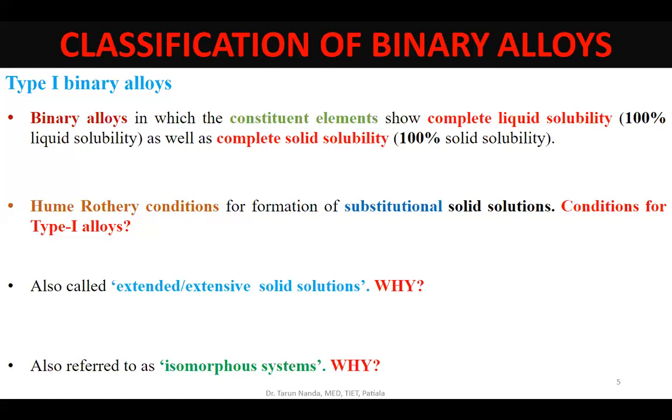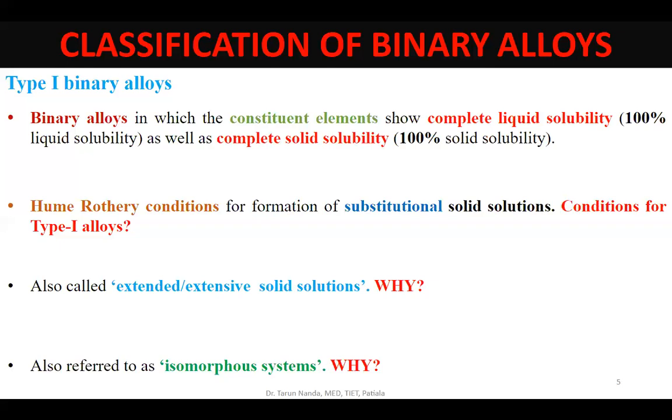Now, if you want to see these rules for type 1 systems, the first rule is the crystal structure rule. For simple substitutional solid solutions, Hume-Rothery had said that their crystal structure should not be very different. Meaning if one has a simple BCC crystal structure, the other should not have a very complicated orthorhombic or some other type of structure; both should have simple crystal structures.